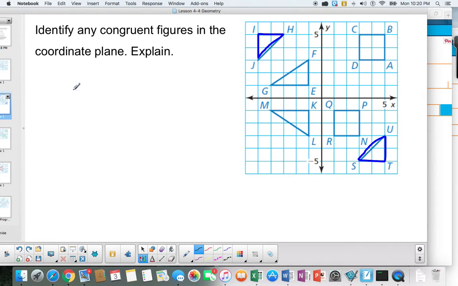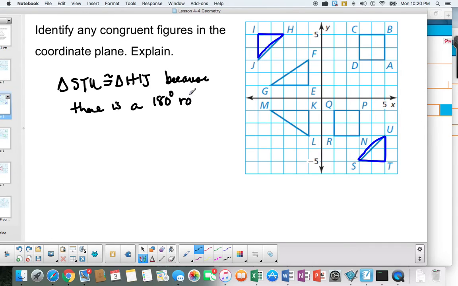These two triangles are congruent, so I'm going to say triangle STU is congruent to triangle HIJ because it looks like a 180-degree rotation, and that rotation maps this figure onto this figure. Saying that the figures have the same size and shape is not good enough in the explanation.